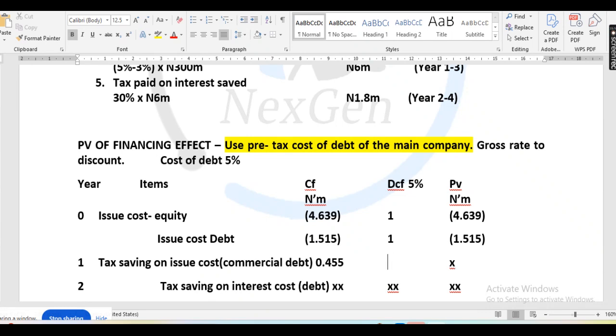What is the DCF for year 1? I think I made a mistake.